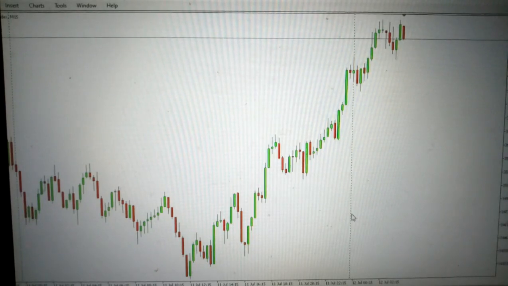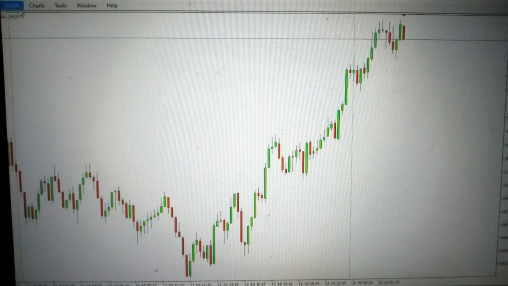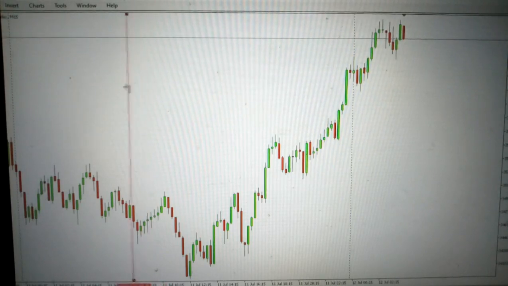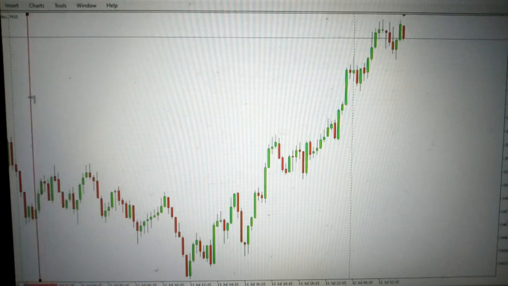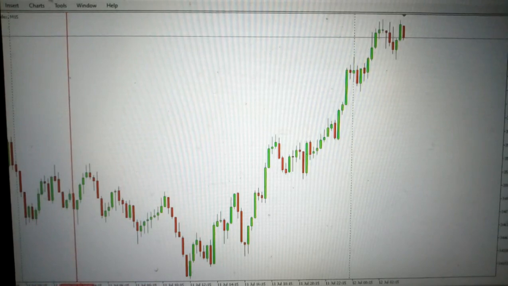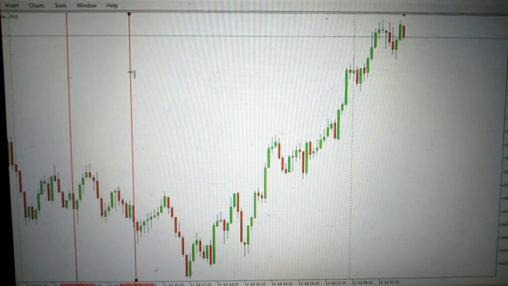The next thing I'll do is to separate the V75 15 minutes time frame chart into 4-hour periods with vertical lines. I'll get the vertical lines from objects, vertical line. So this is my first 4-hour, and the second 4-hour, separate all the 4-hour periods.